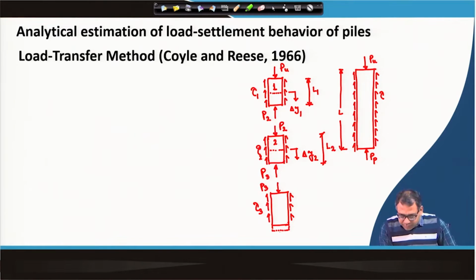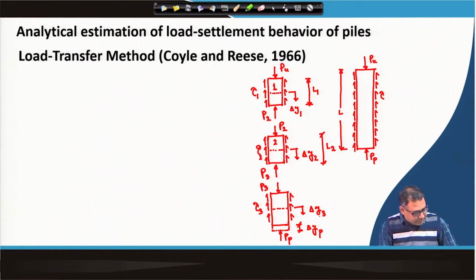Here this is Pp. The deformation at the bottom is del yp, that means del yp is the tip deformation. Similarly, there will be a deformation at the middle portion, and that is del y3. And then the thickness of this last segment is L3.